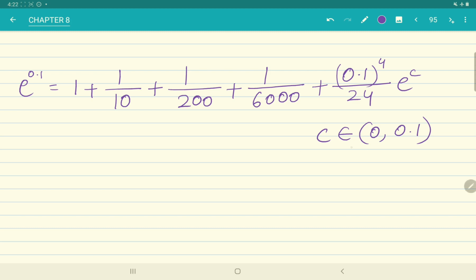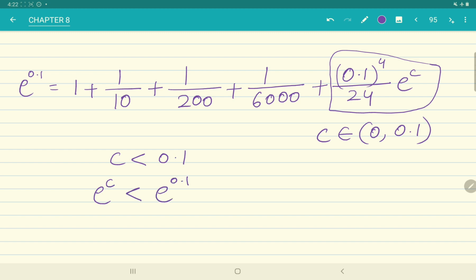Now if that is the case, c is lying between 0 and 0.1. Let's think of this expression here. I know that c is lying between 0 and 0.1. That means c is less than 0.1, and that means e raised to the power c will be less than e raised to the power 0.1.